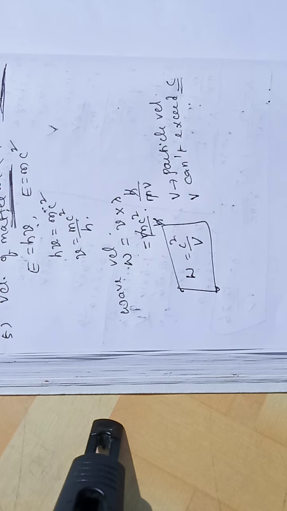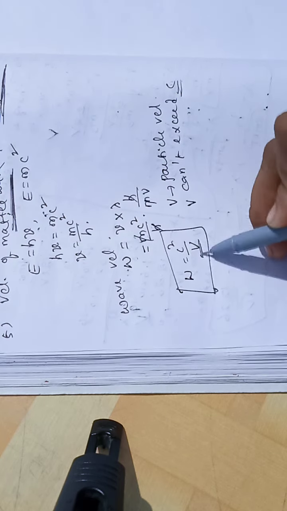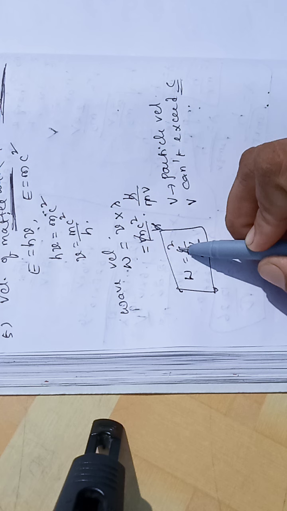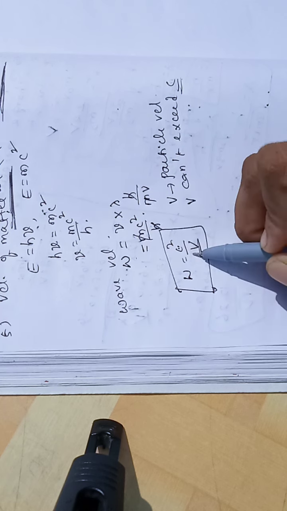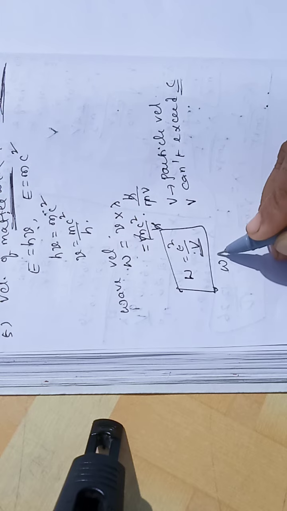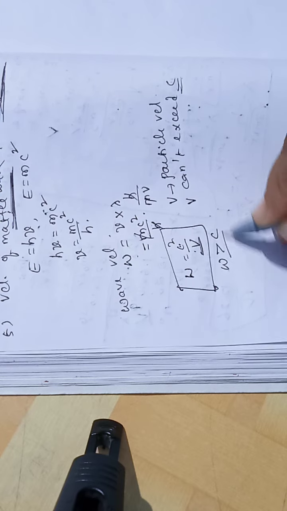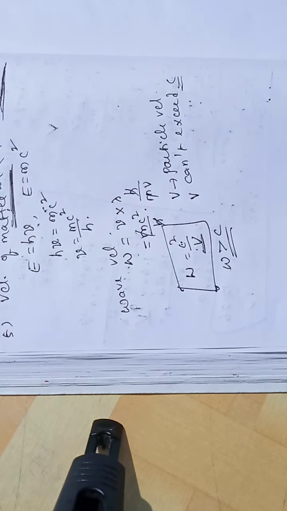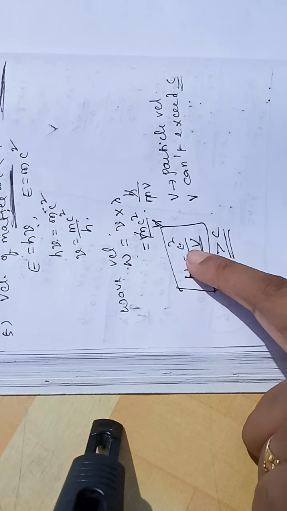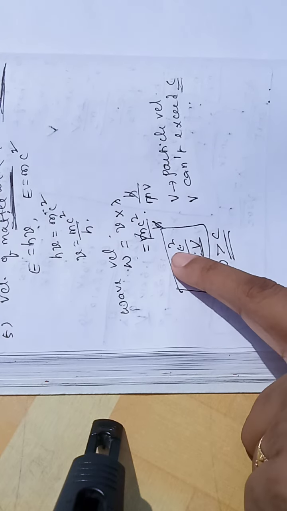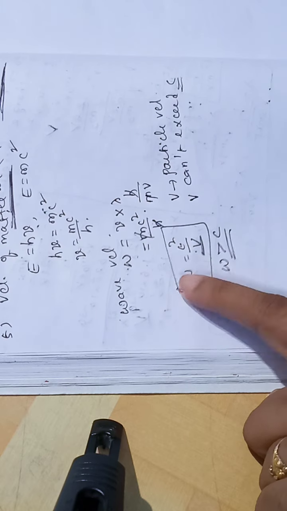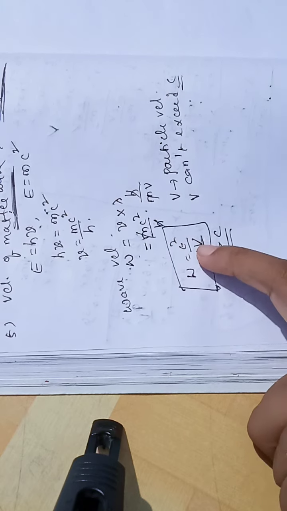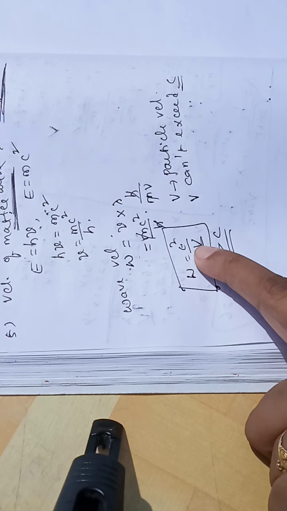Hence, from this equation we can say that W is greater than the velocity of light. Here we got c square divided by v, and v never exceeds c.